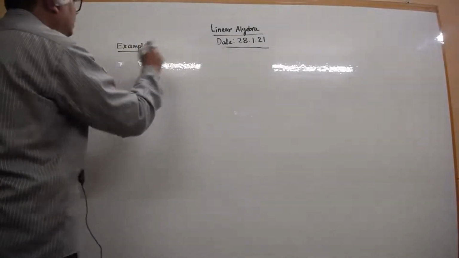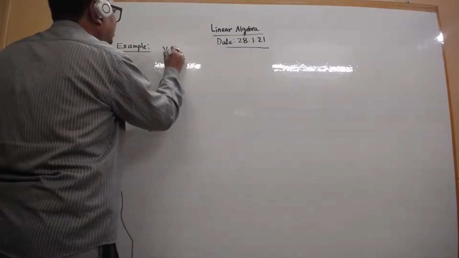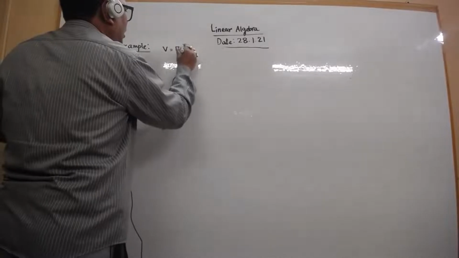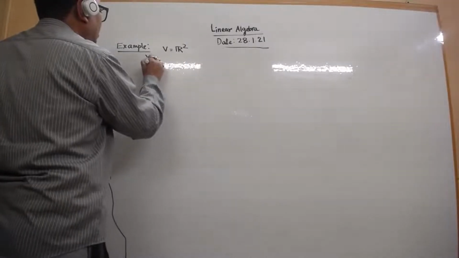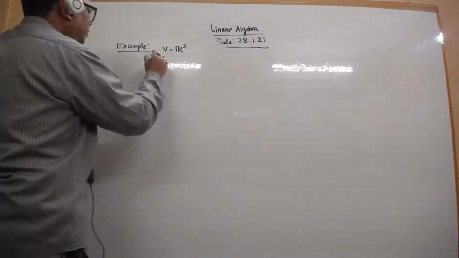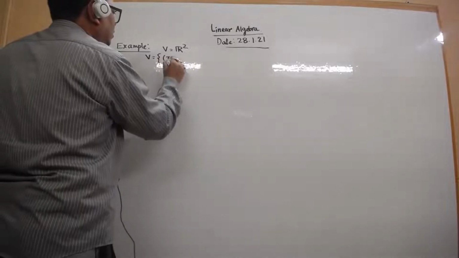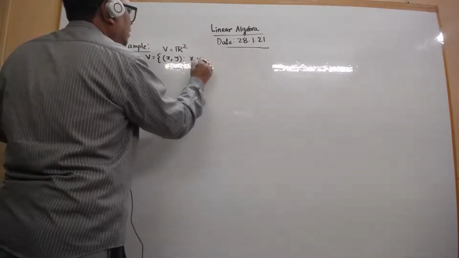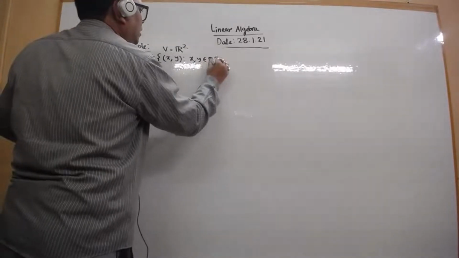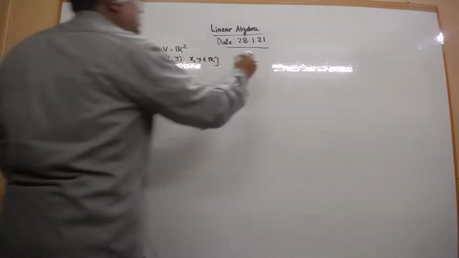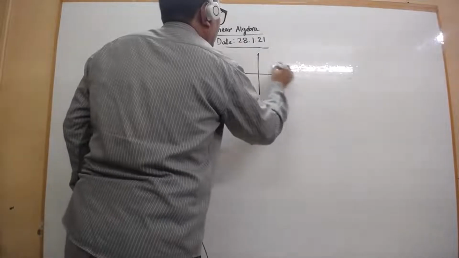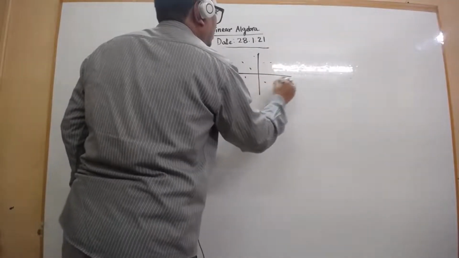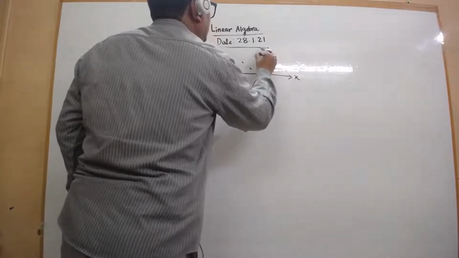Example. Suppose I take V equal to R square, where V contains elements as follows. This is nothing but any point in two-dimensional space.